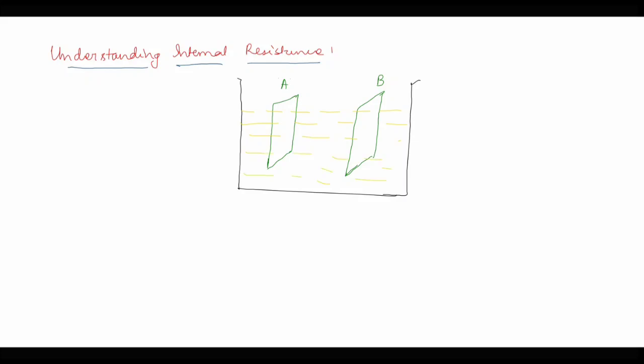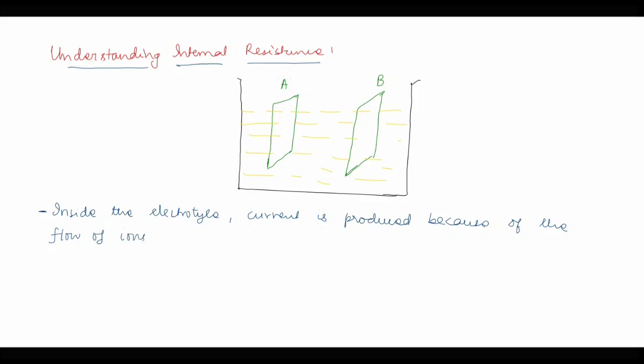Because of the flow of ions between the metal plates, a current is produced inside the electrolyte.